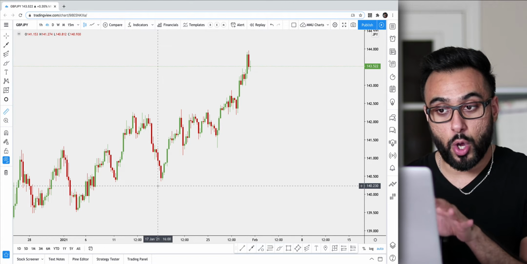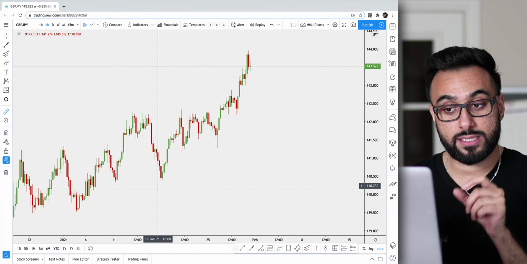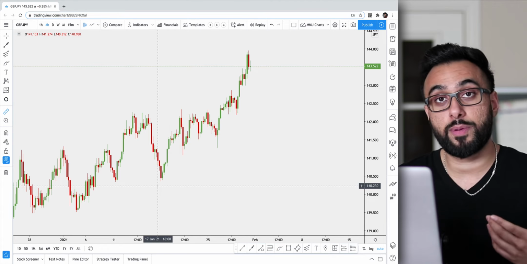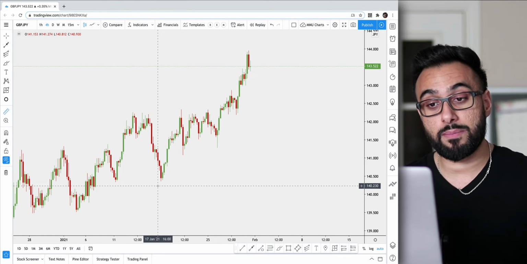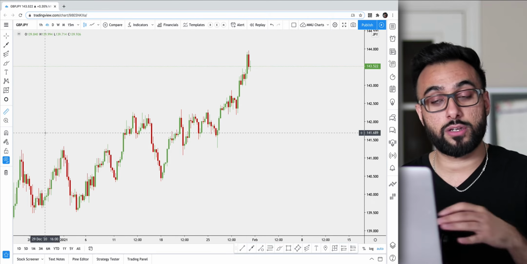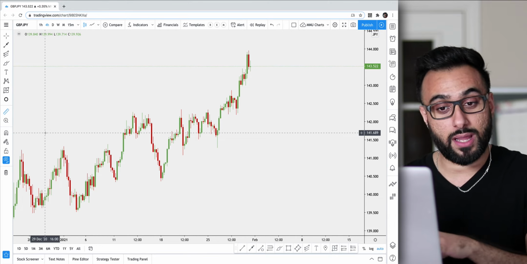So if you can locate and successfully find these little pinpoint places to enter the market, and if you can make 20 pips or even 50 pips or even 100 pips on a trade, you're going to be consistently making money and being able to minimize your losses. So here at Market Makers University, we don't focus on 20 pip, 30 pip trades. We focus on the trades a lot bigger than that.